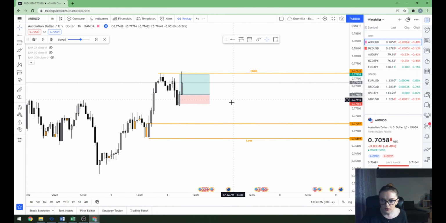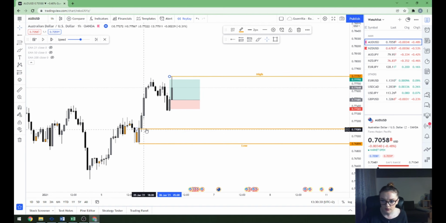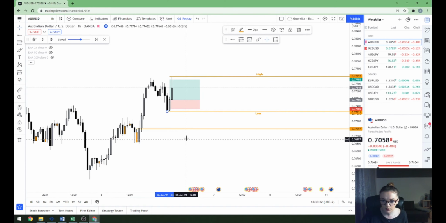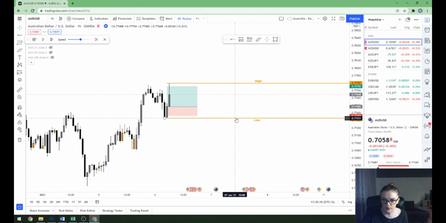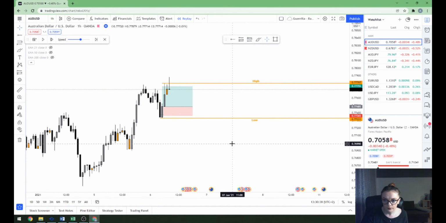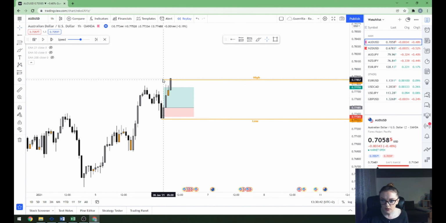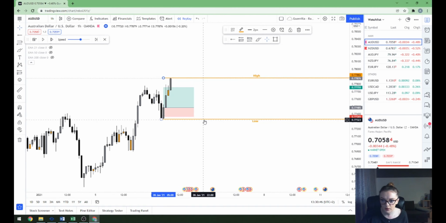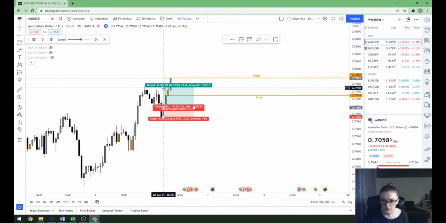We can see here that this candle broke the previous high. So now our low will be here. And we still have full risk on the table. But now we can see that the previous high was broken. We've got an inside bar here. So the low will be the base of this inside bar.